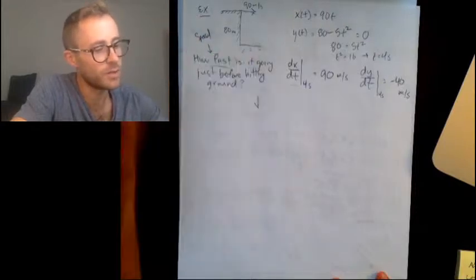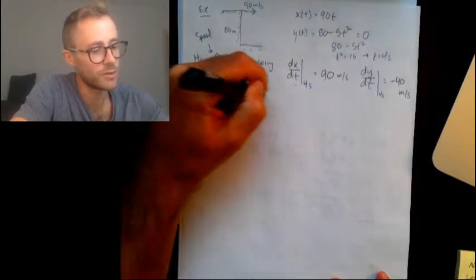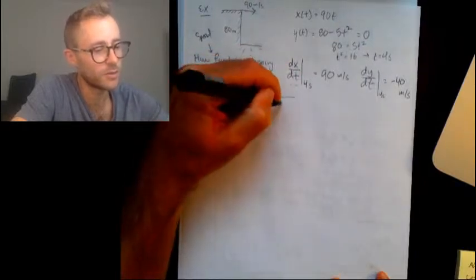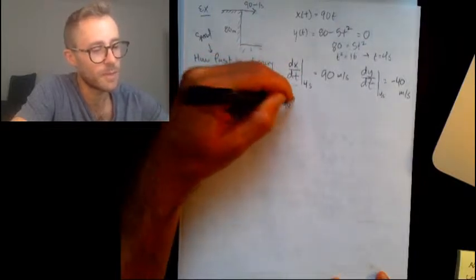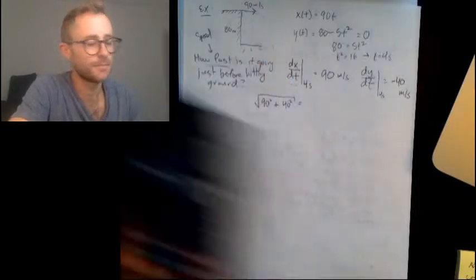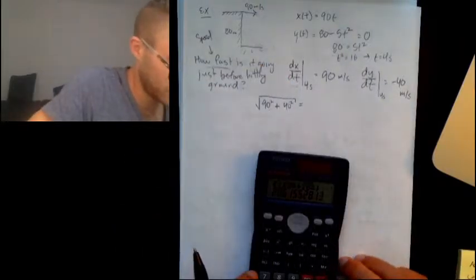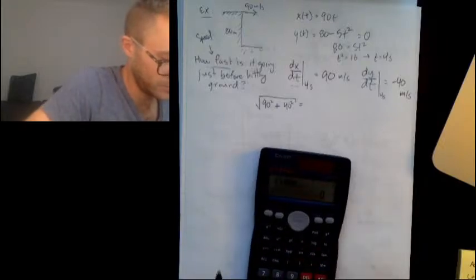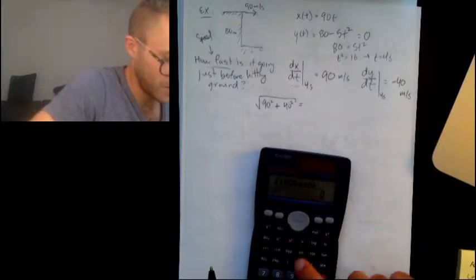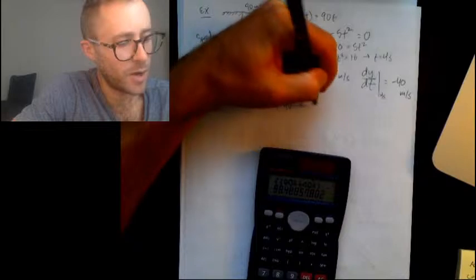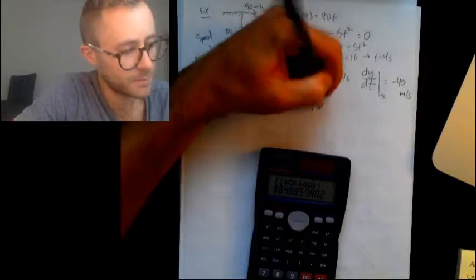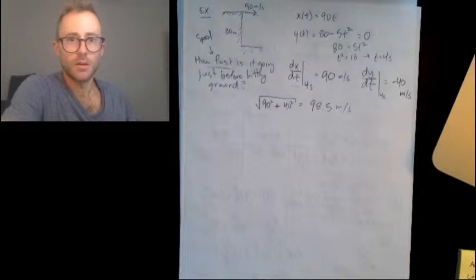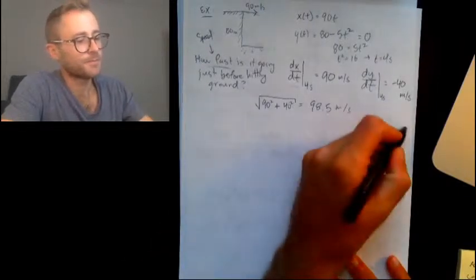So the speed it's going just before hitting the ground is going to be the square root of 90 squared plus 40 squared, which is about 98.5 meters per second. Okay? So there you have it.